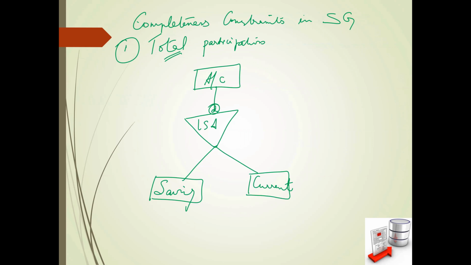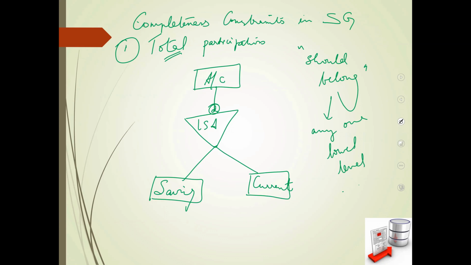Now, total participation means the higher level entity should belong to any one lower level entity. If you think about an account in a bank, it should either be a savings account or a current account.